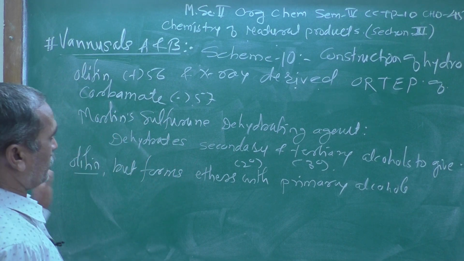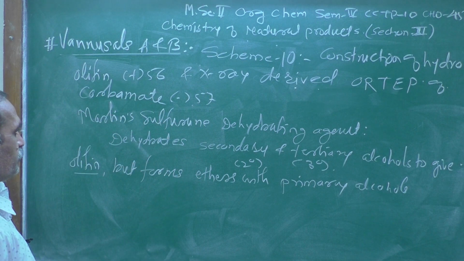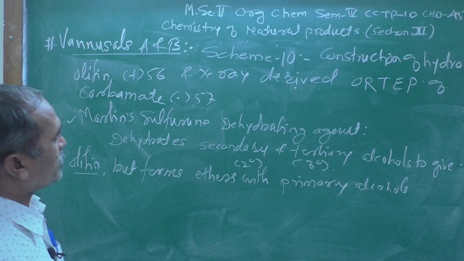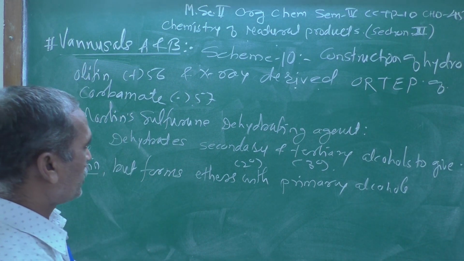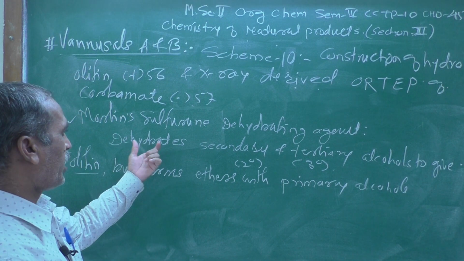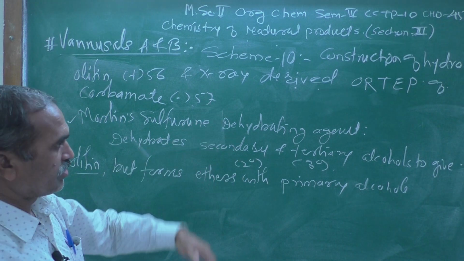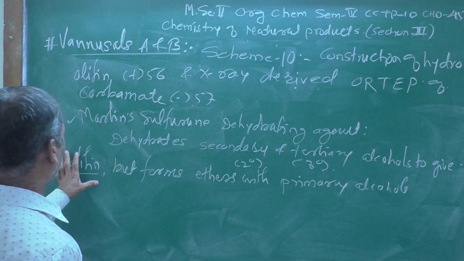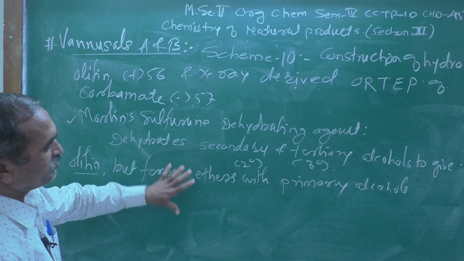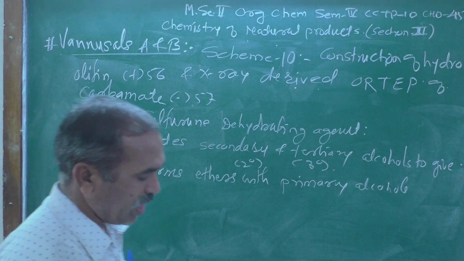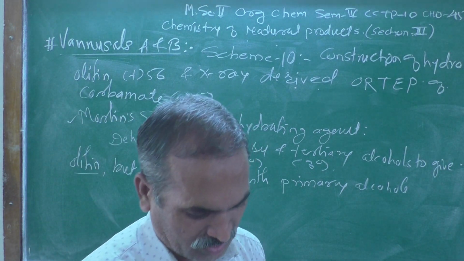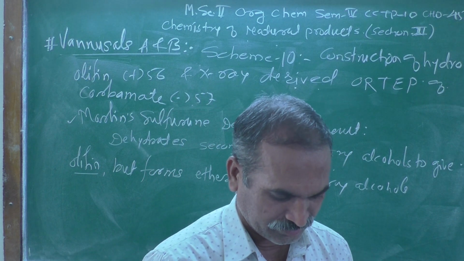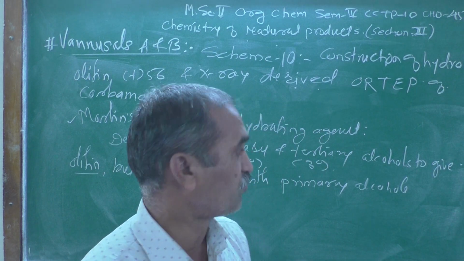See the sentence, which is very important as far as Martin sulfurane dehydrating agent is concerned. It dehydrates secondary and tertiary alcohols to give an olefin, but forms ethers with primary alcohols. So that is the point which we are discussing.